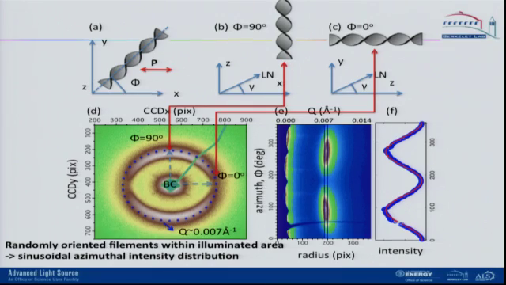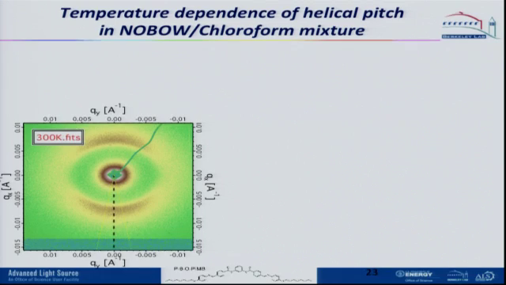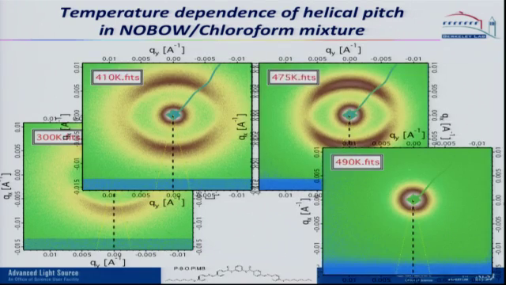But if you have a filament, say horizontal and parallel to the polarization direction, if you think about it carefully, the contrast is actually minimal. So you're going to have very weak intensity in the horizontal direction. But if you have a random distribution of these two cases, you're going to have a sinusoidal intensity distribution in this figure.